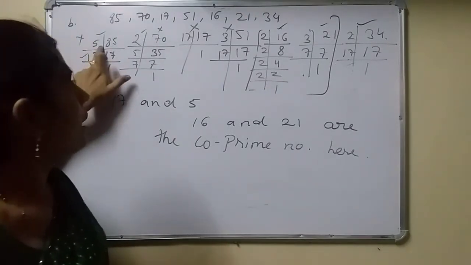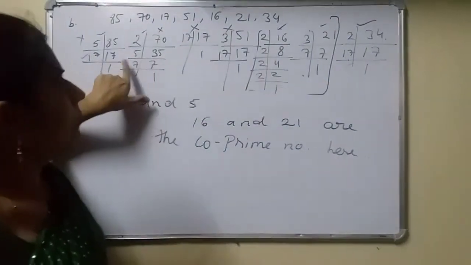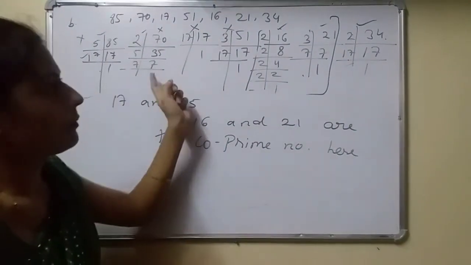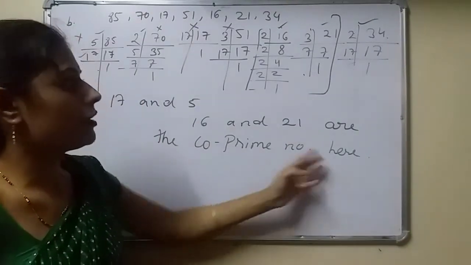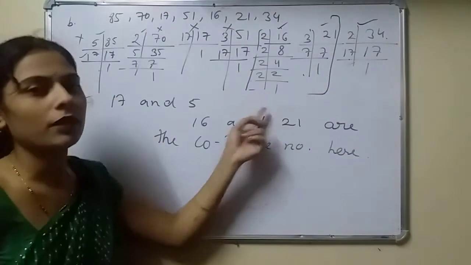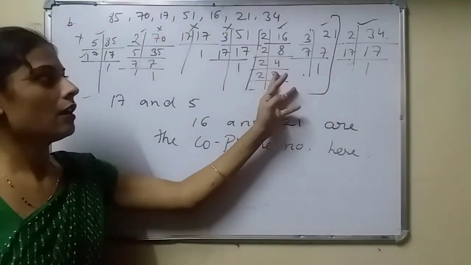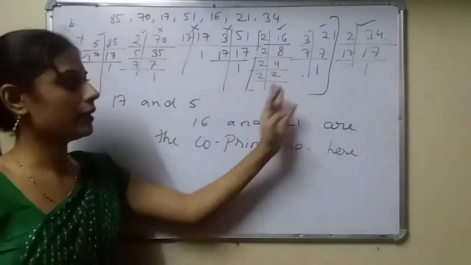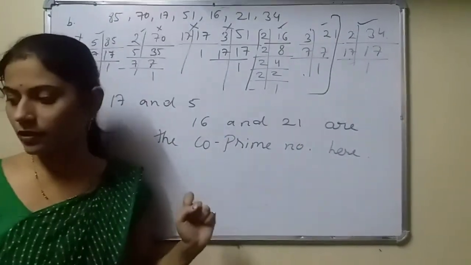If you are finding 5 here and 5 is also here, these are also not co-prime numbers, because in co-prime numbers you have to find only numbers which have 1 as a common factor, and any other number given here must not be common. So 16 and 21 are the co-prime numbers here.